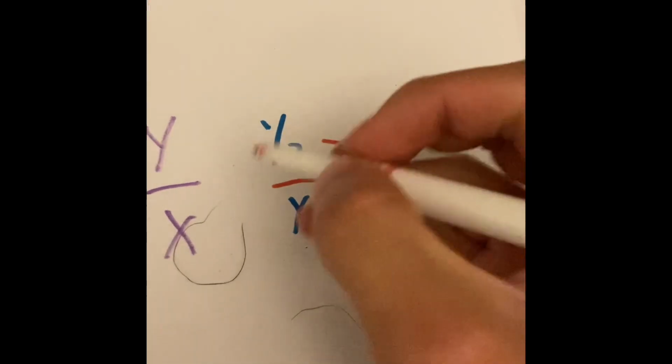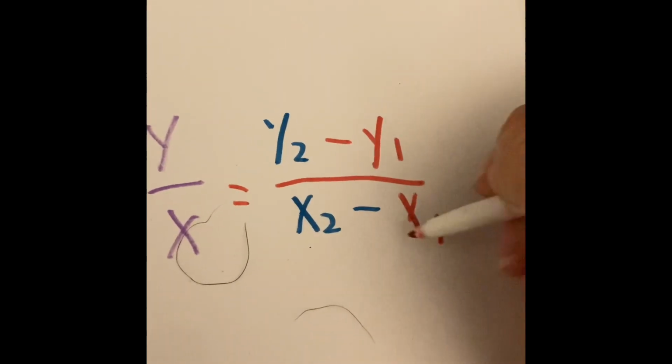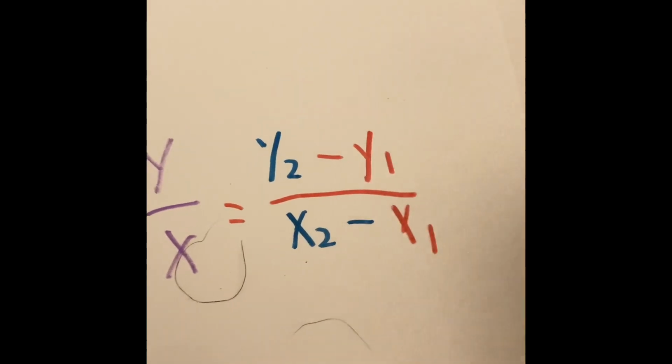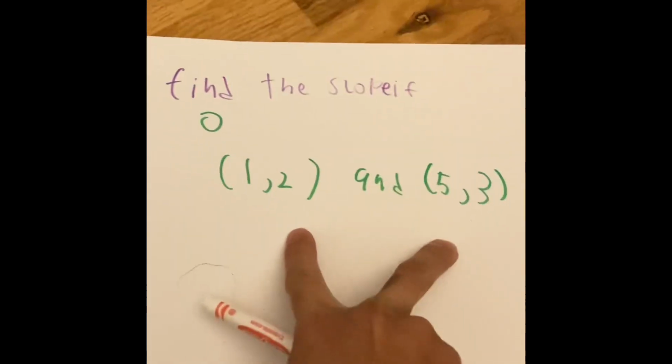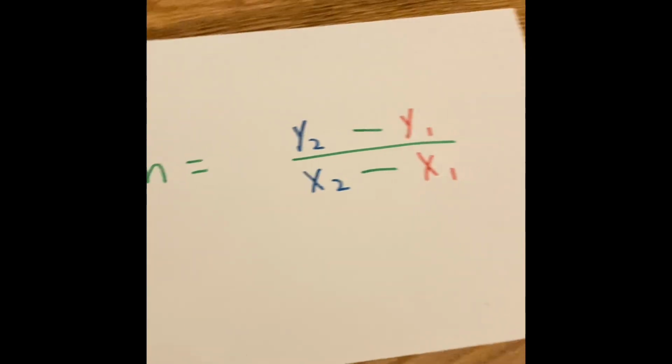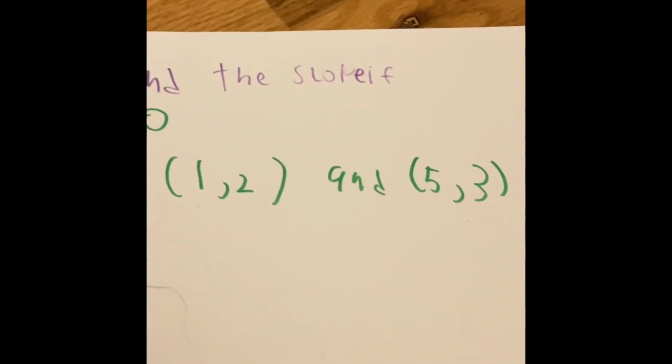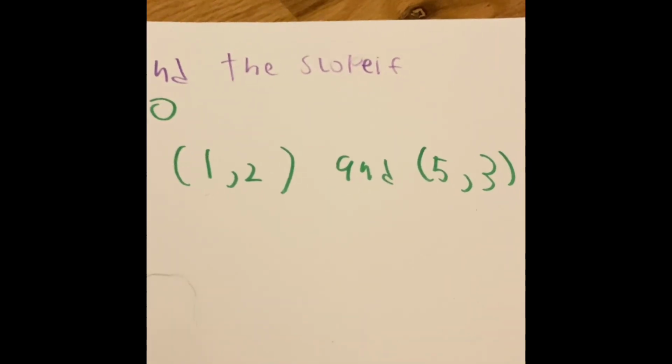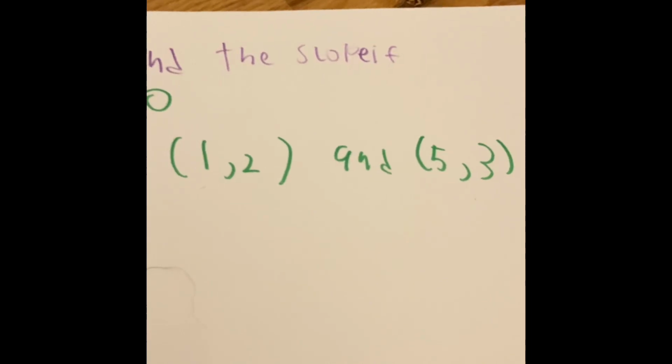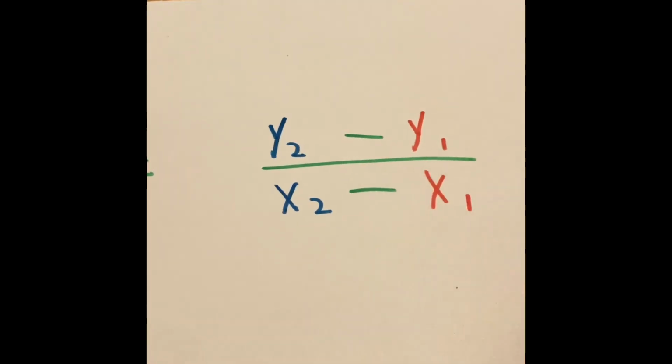That is our new formula that we're learning when you have 2 points but without a graph. When you insert the numbers into the formula, you have to be very, very careful, because you might put the numbers in the wrong spot.